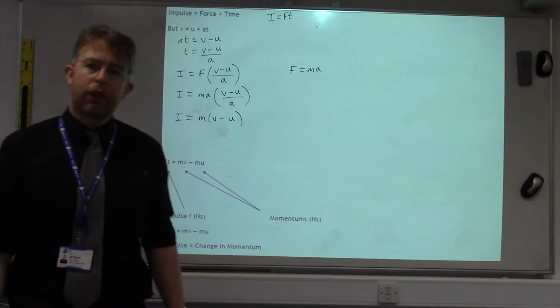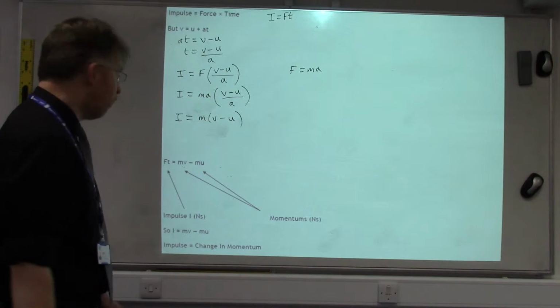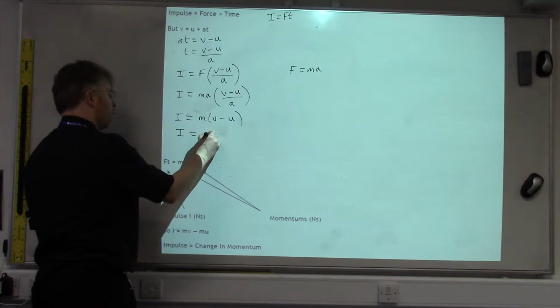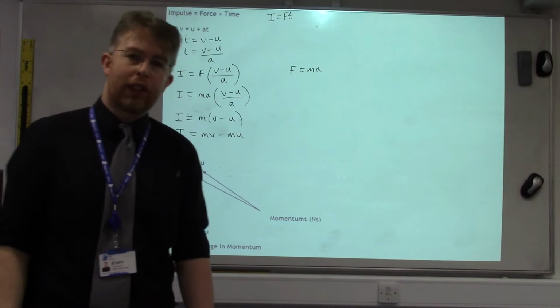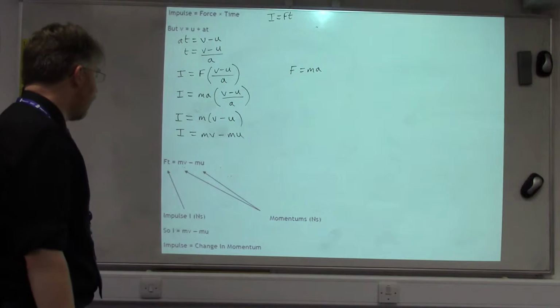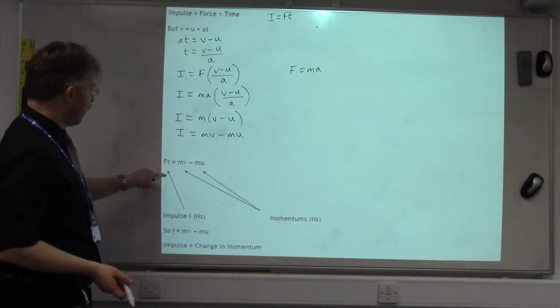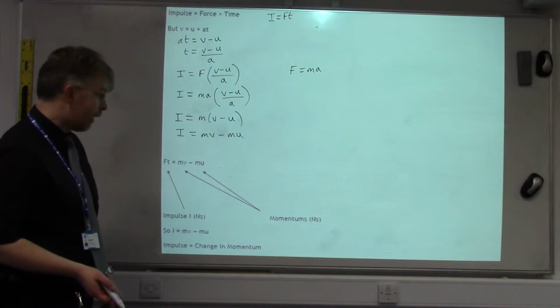So impulse is equal to the mass, m, times (v minus u), in brackets. Multiply that out, impulse is equal to mv minus mu. Now impulse is also force times time, so Ft is equal to mv minus mu.